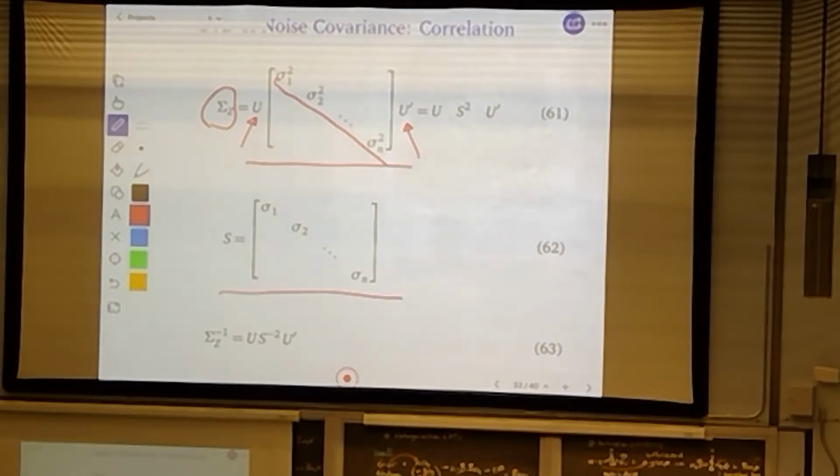So we can introduce this diagonal matrix, each entry corresponding to the standard deviation of each variable. Then this simply is U S minus 2 U transpose.